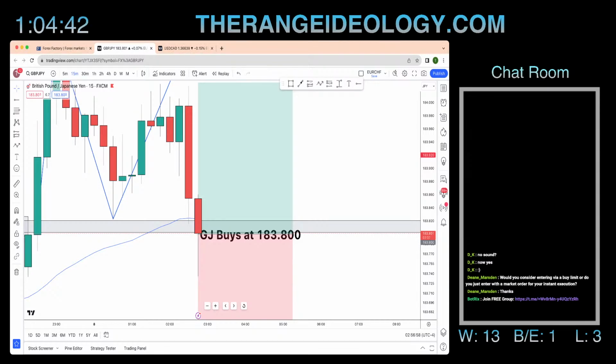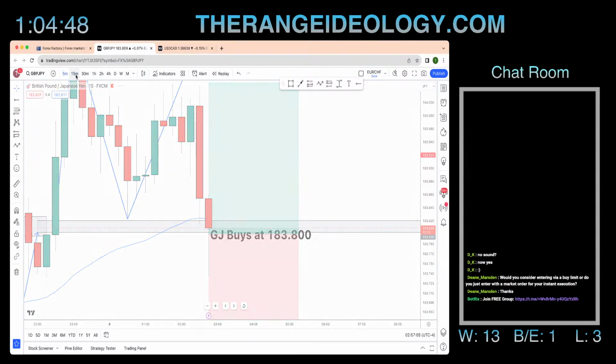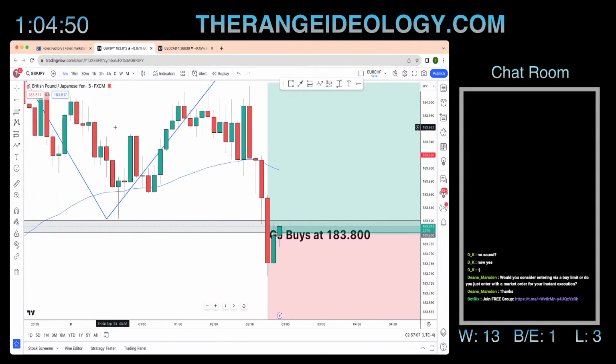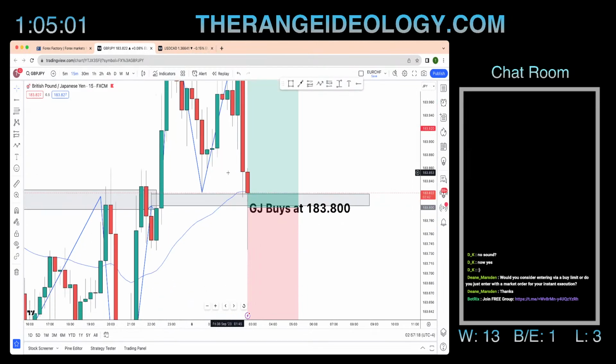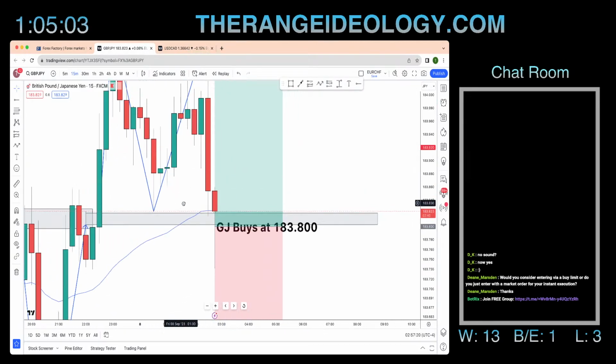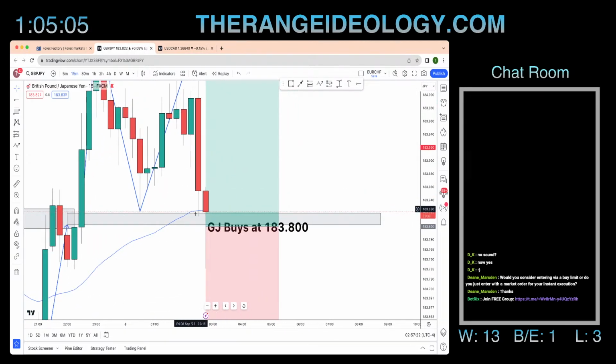Okay, so it's right at entry now, price. And are we going to get that big push? So into profit now. You could see price rejected the EMA here, or at least for right now.